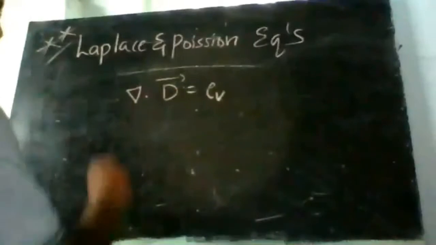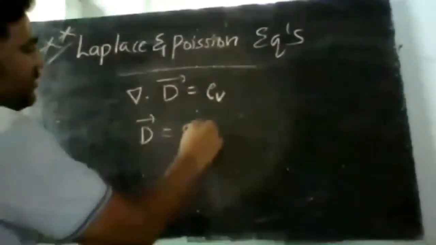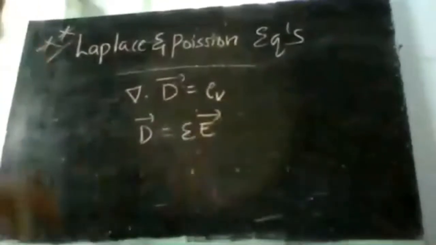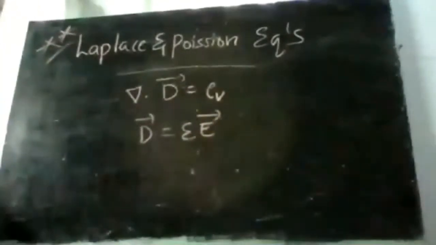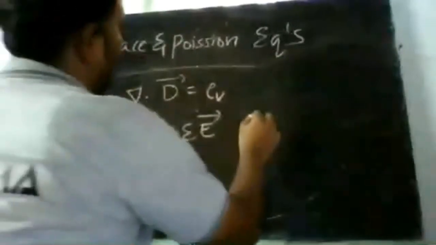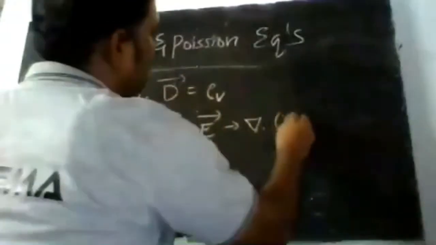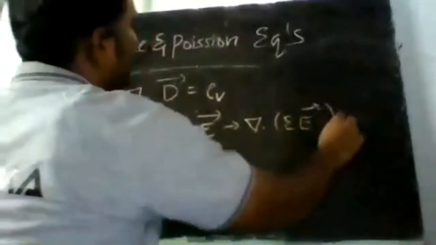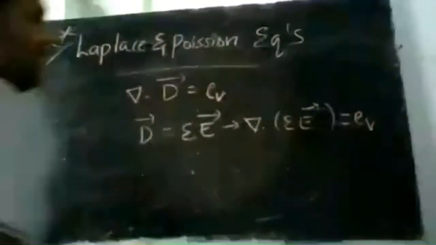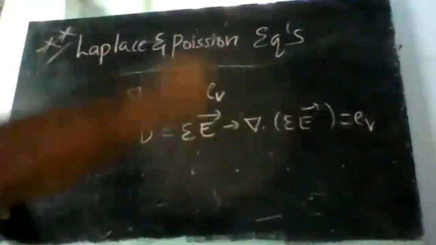Now we know that D bar can be written as D bar is equal to epsilon into E bar. So del dot D bar is equal to rho v becomes del dot epsilon E bar is equal to rho v.